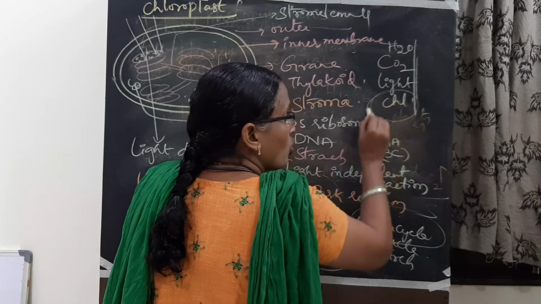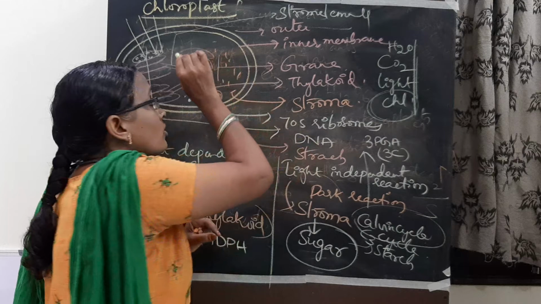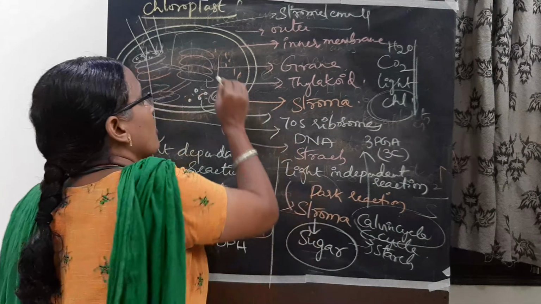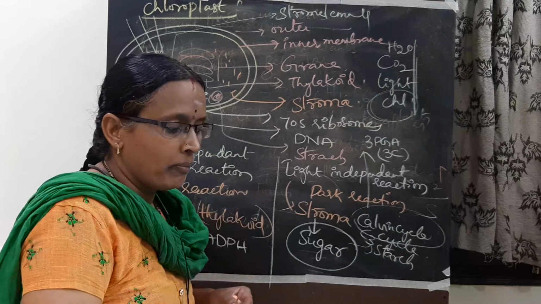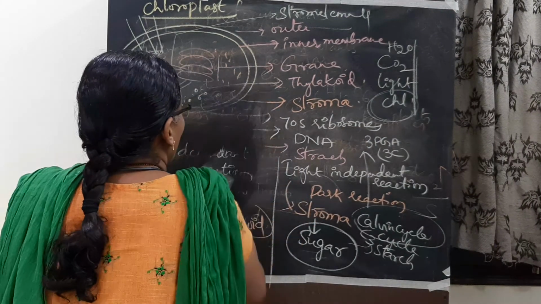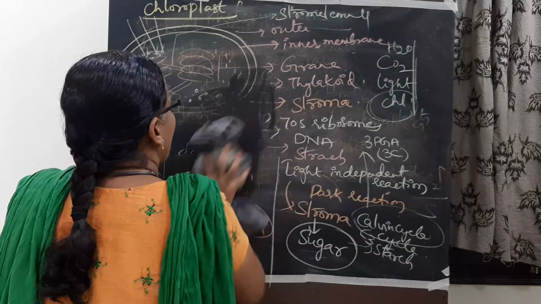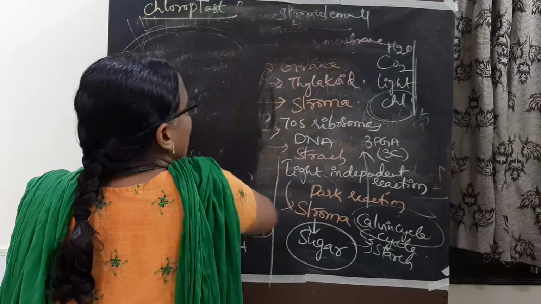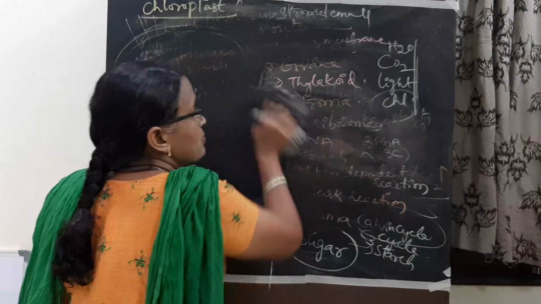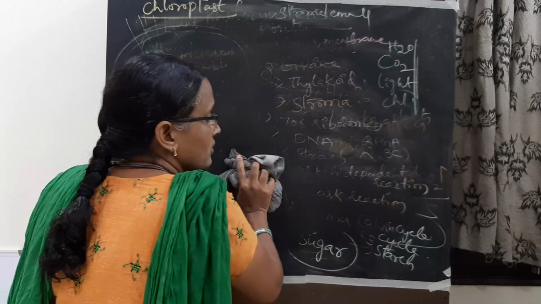This chlorophyll is present in special cell organelles, known as chloroplasts. Chloroplasts are the cell organelles where the chlorophyll is present. And next, what are the types of enzymes? What are the types of reactions?